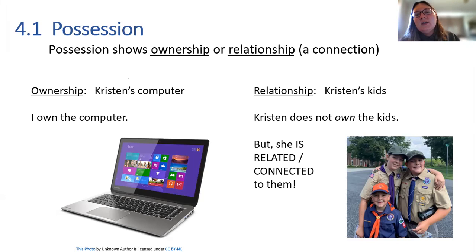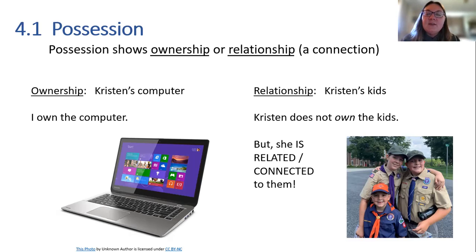The same way we can show a relationship. Now, I don't own my kids, but I do have a connection to them, a relationship. And so they are my kids. We would say they are Kristen's kids. Note that it's the same structure because my name ends with an N and I am one person. We add an apostrophe S.